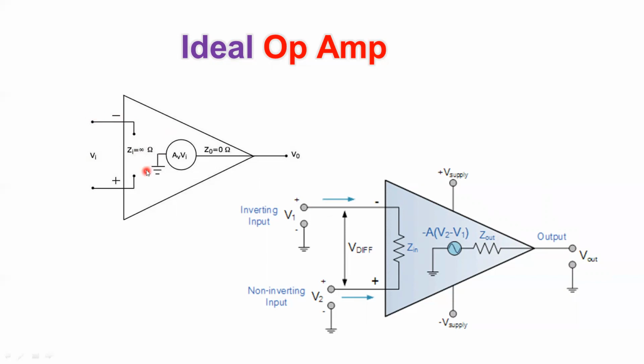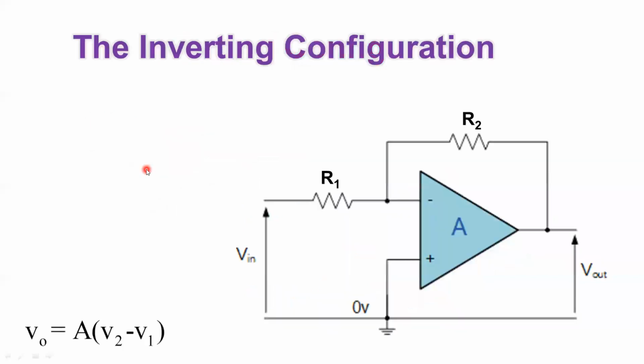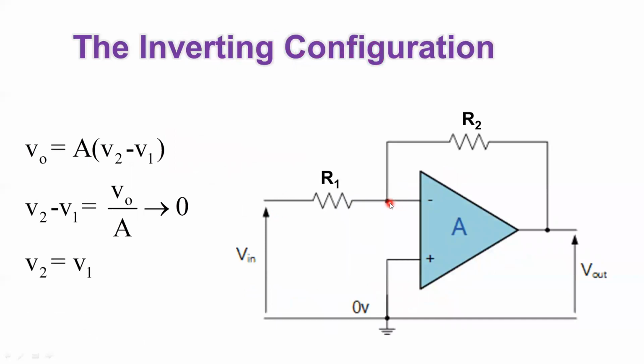So that means that the current flowing here and the current flowing here is ideally equal to 0. No current flowing in this branch, and no current is flowing in this branch. Why did I say so? Because I am assuming that this is an ideal operational amplifier, and then the input impedance here is equal to infinity. No current will flow inside the operational amplifier. This is the first issue.